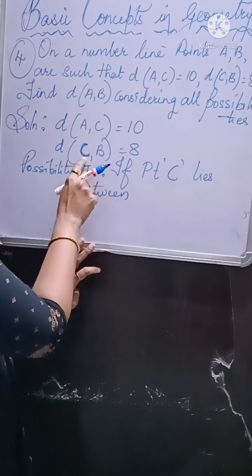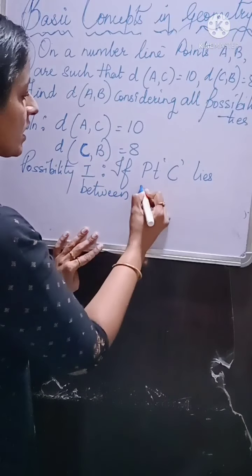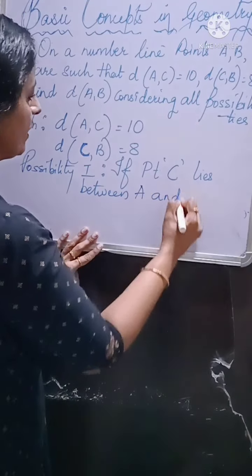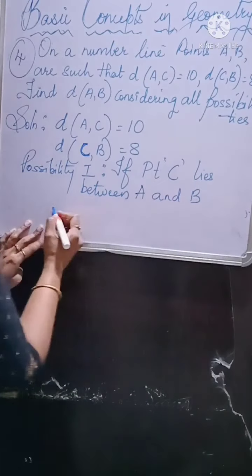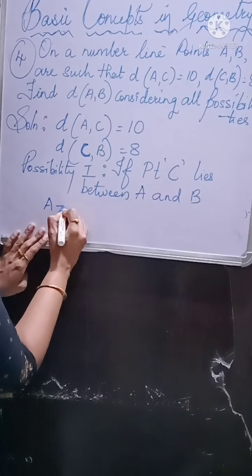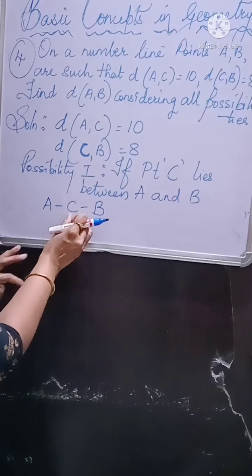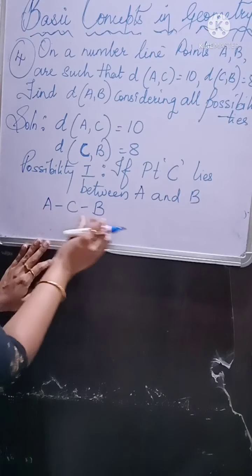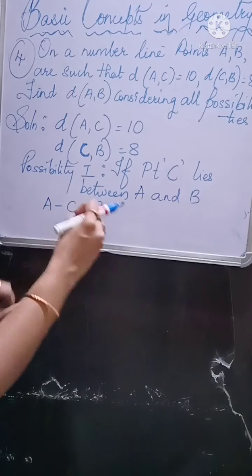First we will consider C in between. So if point C lies between, which are the other 2 points? A and B. Then how will we write it? C is in between, so we will write it as A dash C dash B. Now write down the distance.